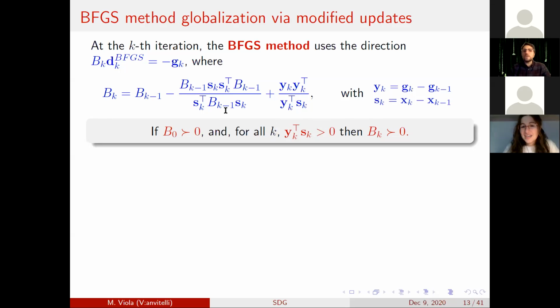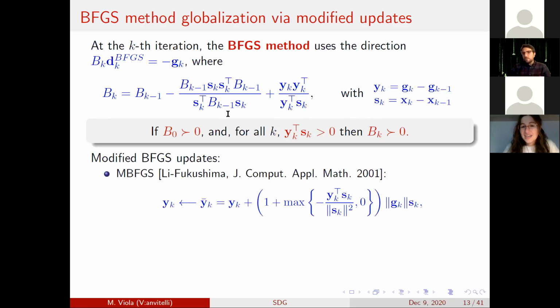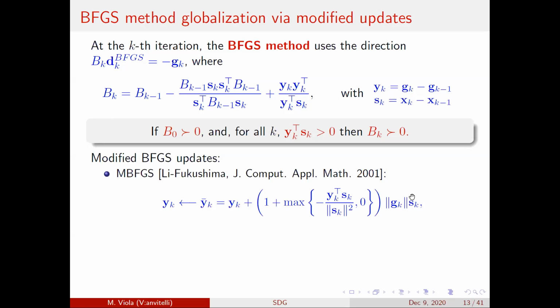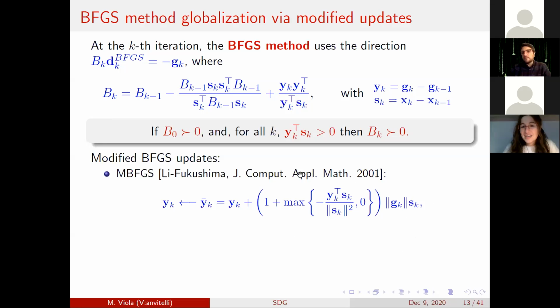Now, what can you do? The two strategies I told you before, devised by Li and Fukushima, are based on this. The first one is the modified BFGS, in which the yk vector is replaced by this y bar vector, which is nothing more than yk plus some term, which is a multiple of the vector s, chosen such that the scalar product between y bar and s is sufficiently positive, ensuring that everything will go well during the iterations.